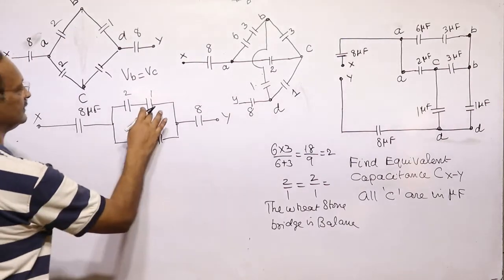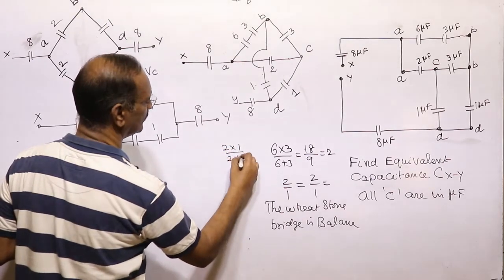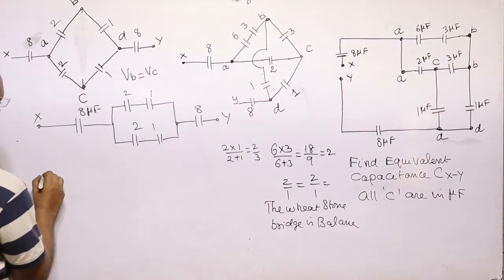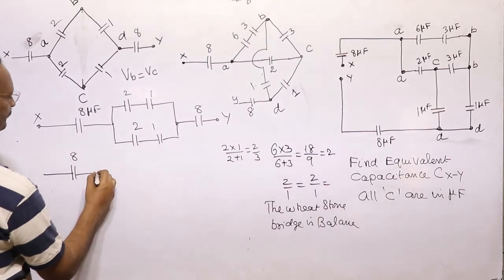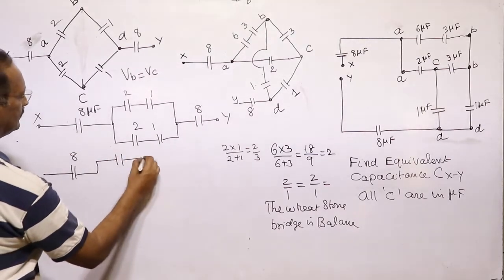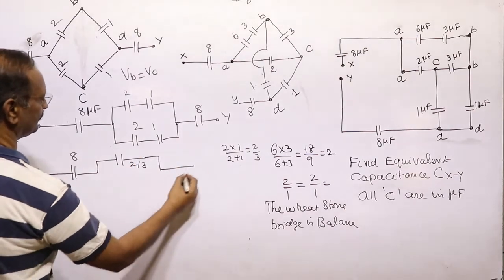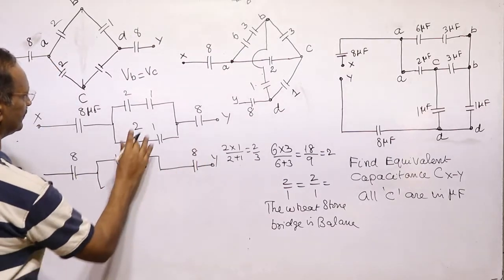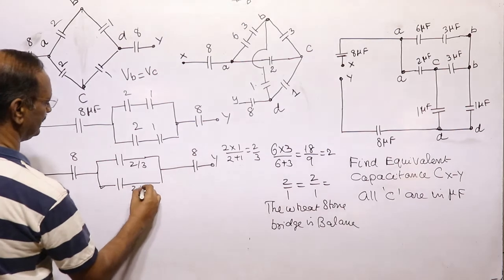Now this and this are in series, so 2 into 1 divided by 2 plus 1 is equal to 2 by 3 microfarad. So this is 8 microfarad, then 2 by 3, and 8 into Y. And this is also 2 into 1, so this will also be 2 by 3.